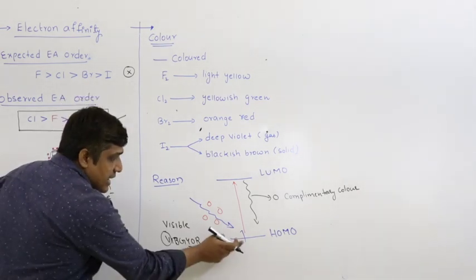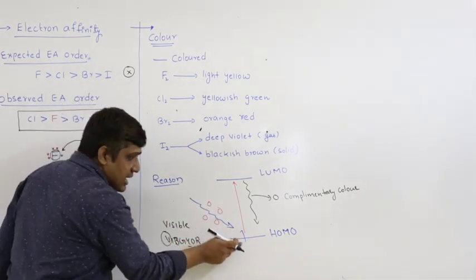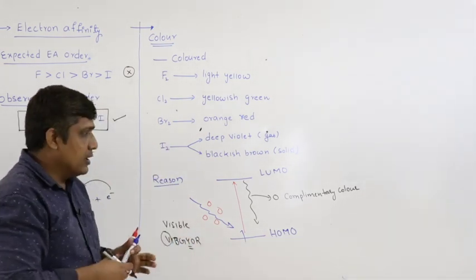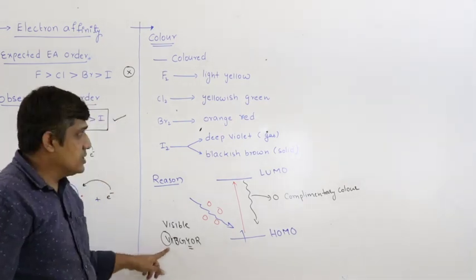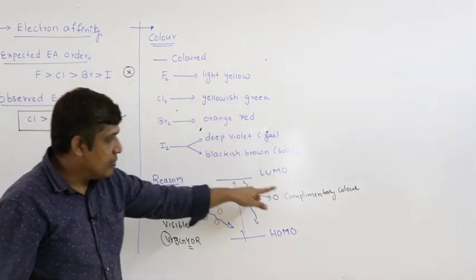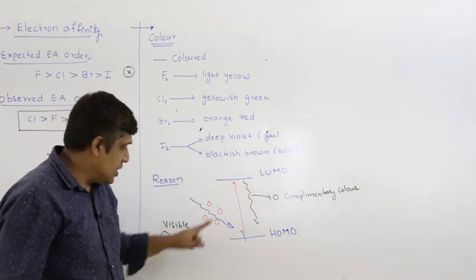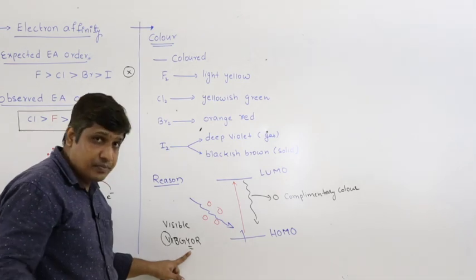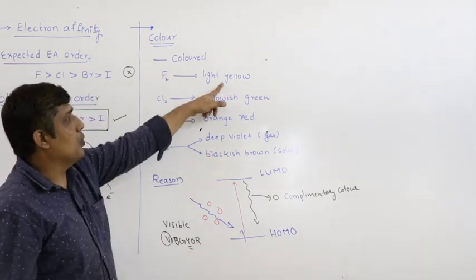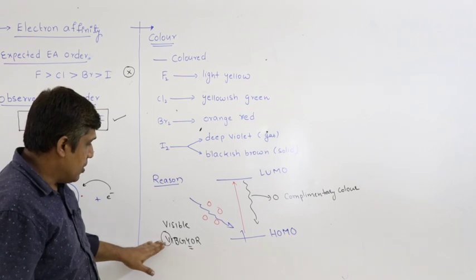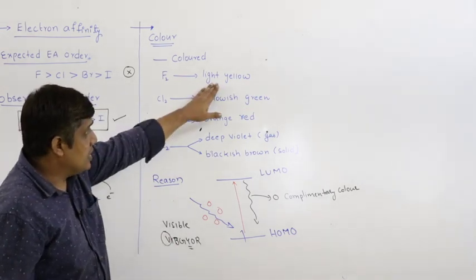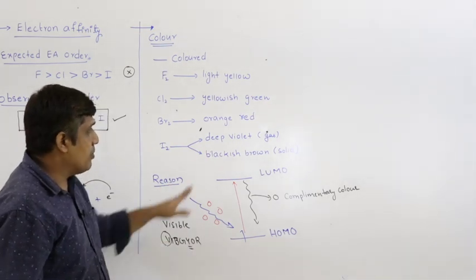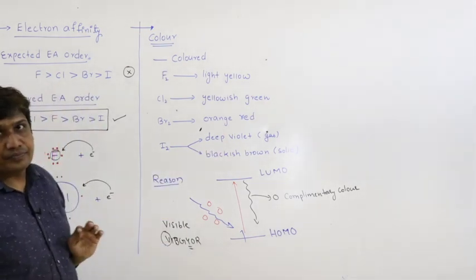Here the energy required to excite the electron in I2 corresponds to yellow. It absorbs yellow light. Its complementary color is violet. That is why the color appears violet. If it absorbs yellow, it emits violet light. If it absorbs violet, it emits its complementary color, yellow. So, fluorine absorbs violet and emits complementary color yellow. Iodine absorbs yellow and emits complementary color violet.